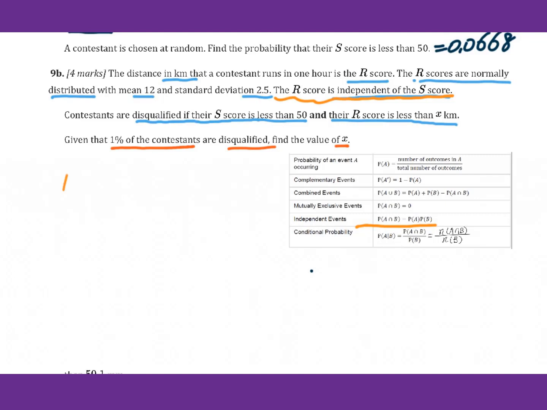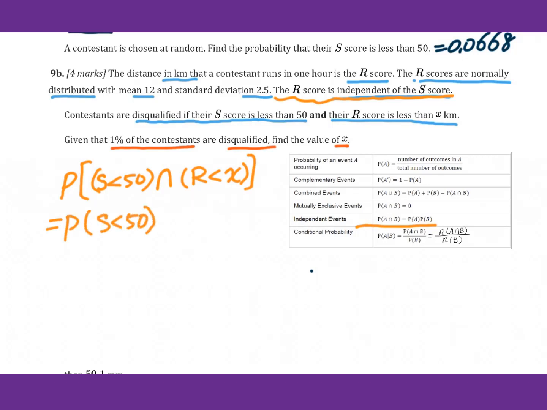Therefore, probability of S less than 50 and R less than X kilometers equals probability of S less than 50 times probability R less than X. This equals 0.01.